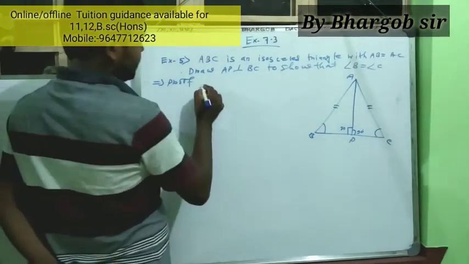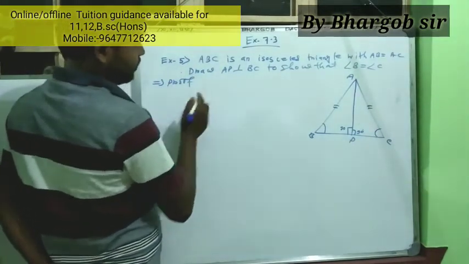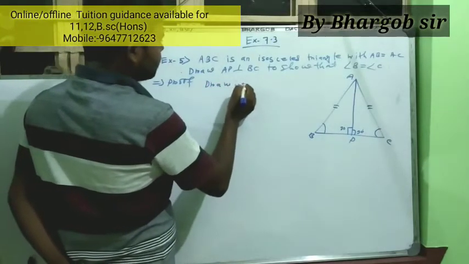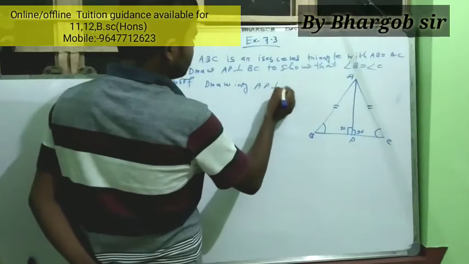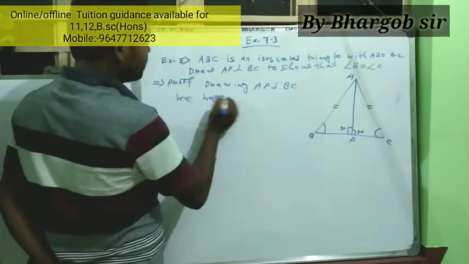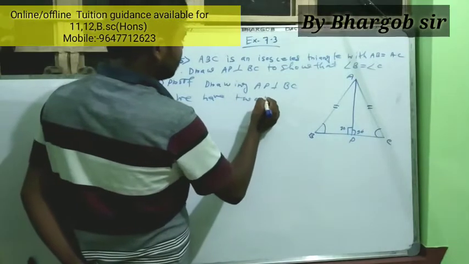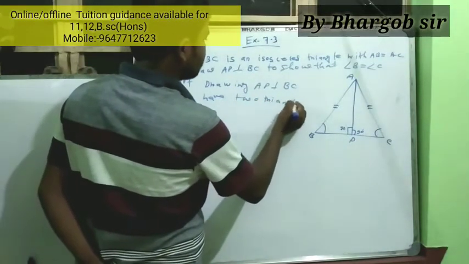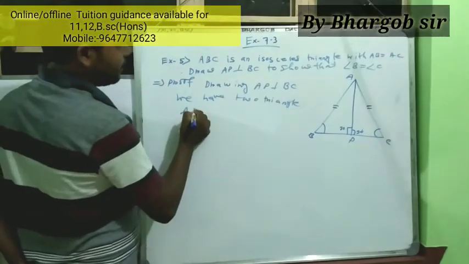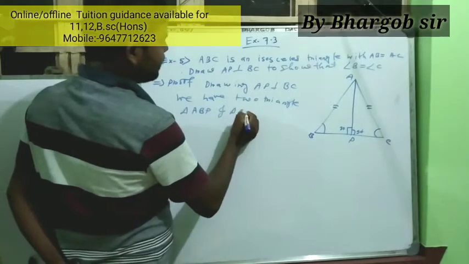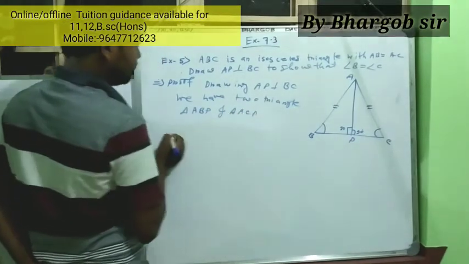Proof. Drawing AP perpendicular to BC, we have two triangles, triangle ABP and triangle ACP.